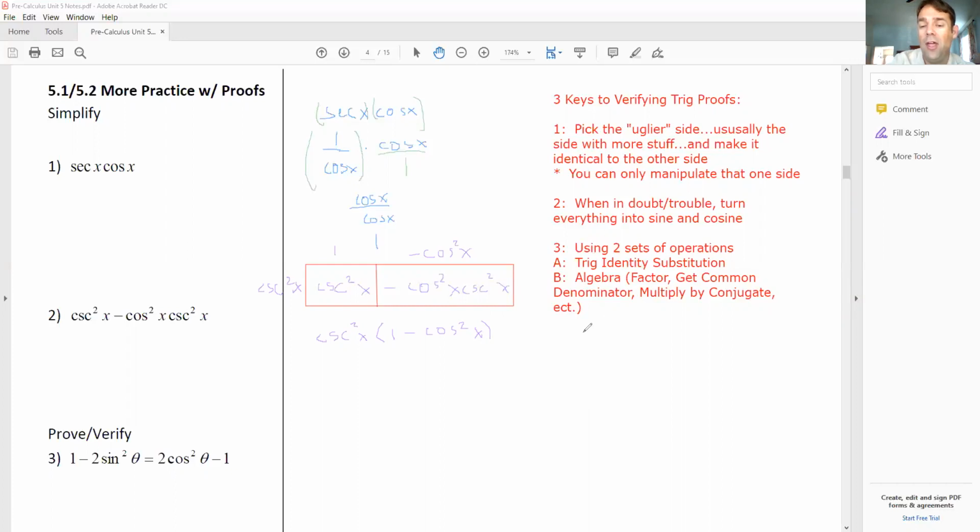The Pythagorean identity that had cosine in it was sine squared x plus cosine squared x equals 1. So I can create this identity that's left in the parentheses by just subtracting cosine squared over to the other side. And I'd end up with sine squared x equals 1 minus cosine squared x.